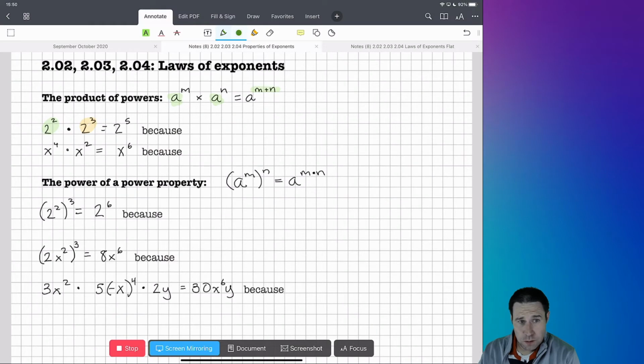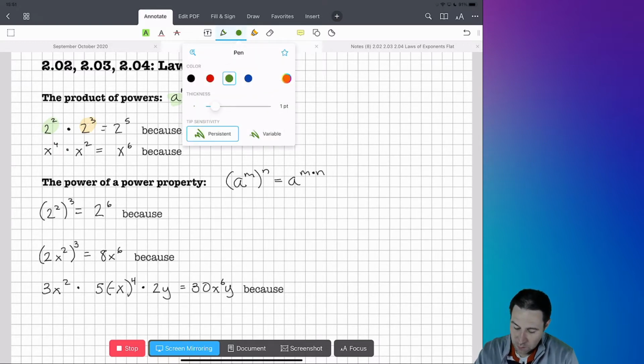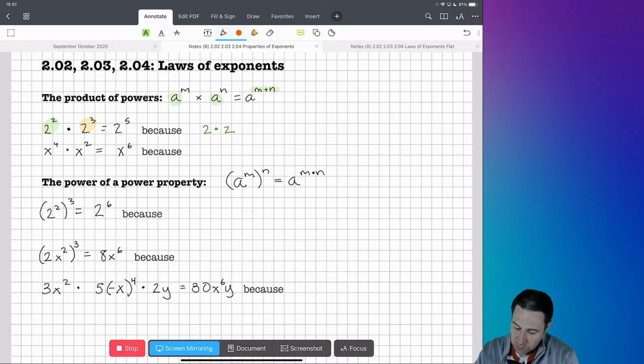2 squared times 2 cubed equals 2 to the 5th power. The reason we can add the exponents is for the following reason. 2 squared could be written in expanded form as 2 times 2, and 2 cubed could be written as 2 times 2 times 2.